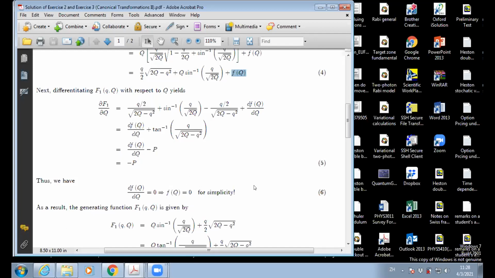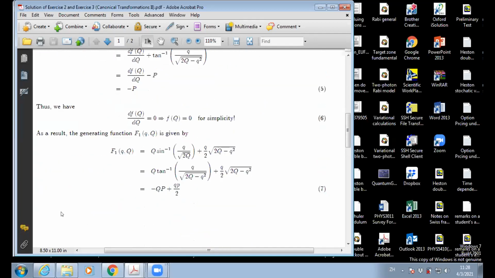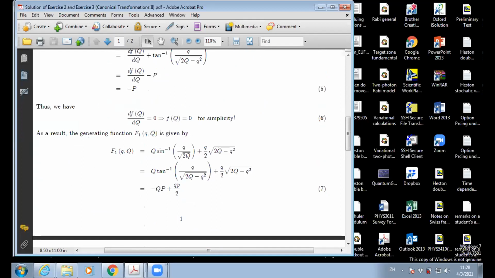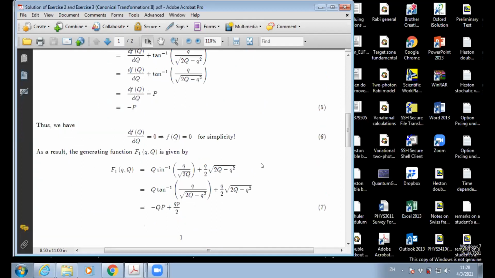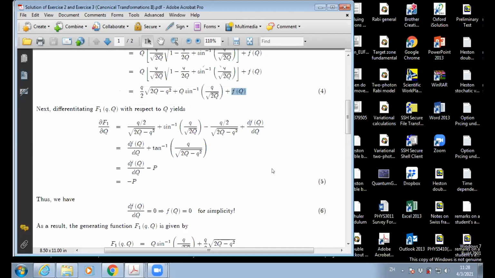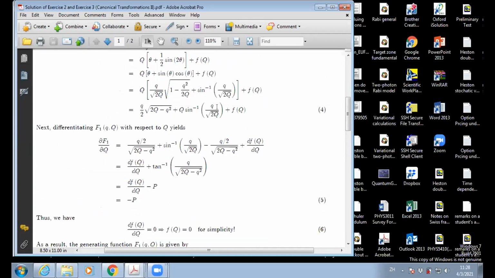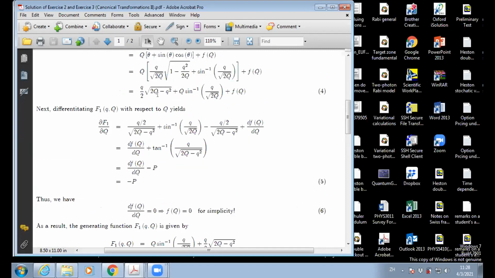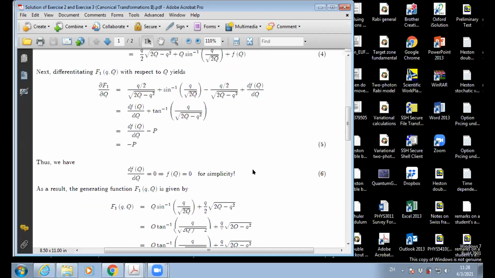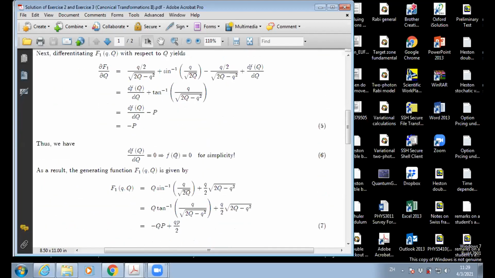For simplicity, we can assume that it is equal to 0 without loss of generality. So as a result, the generating function is given by the arcsine function and also this part, all right, since f(q) equals 0.